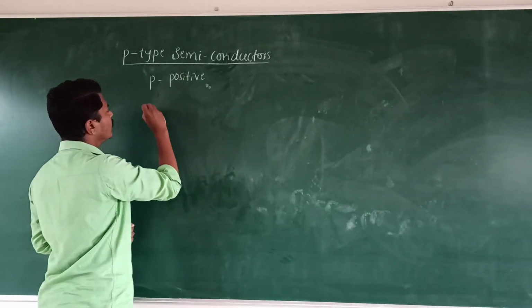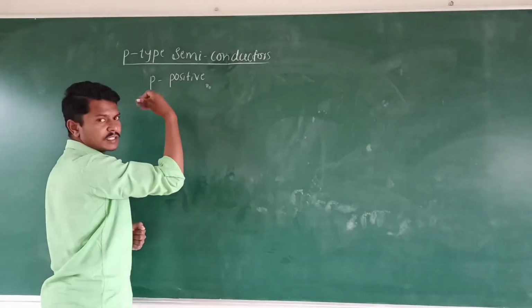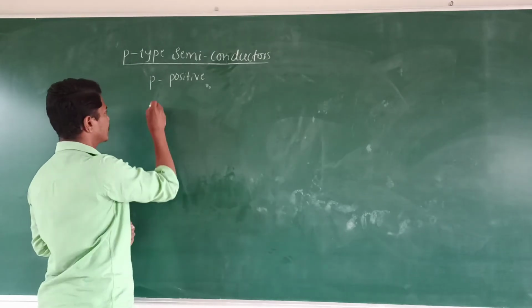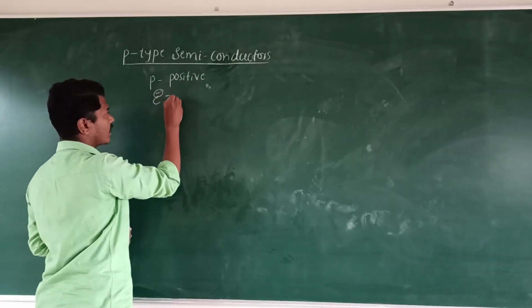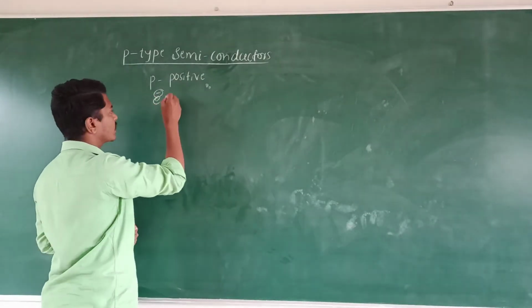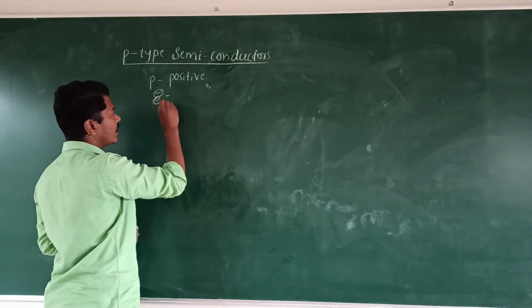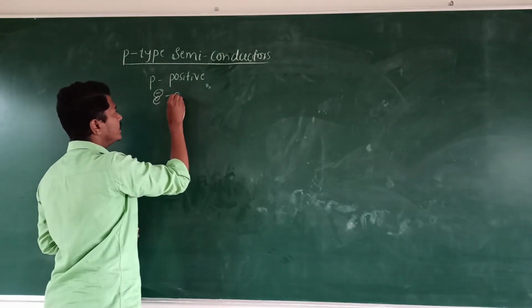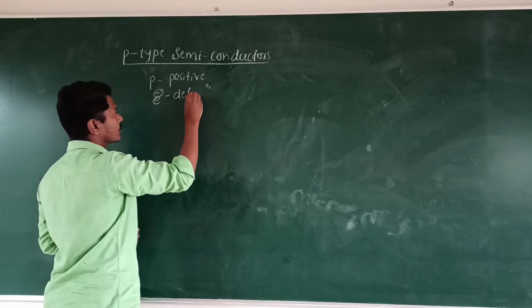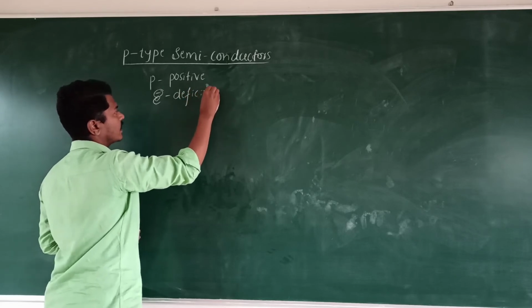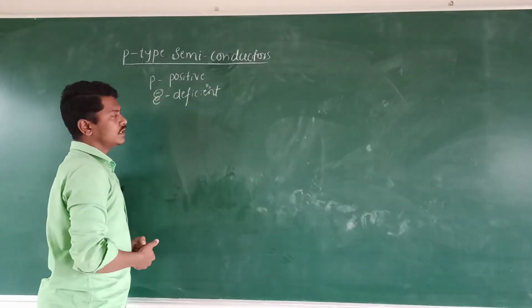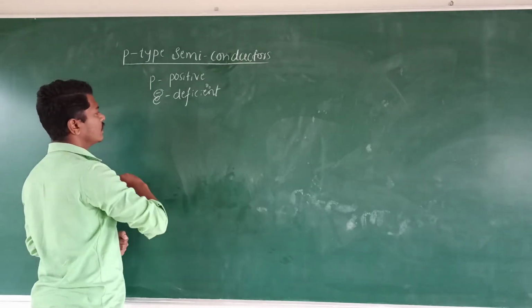Here positive charges are in excess, which means electrons are deficient. Electrons are deficient.